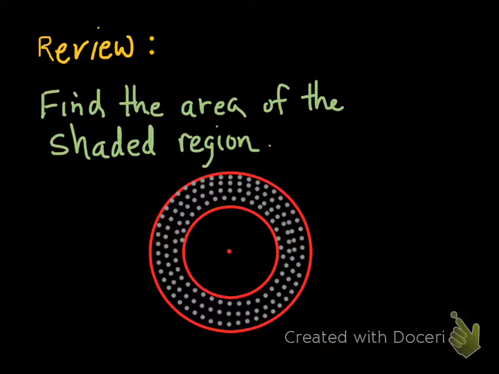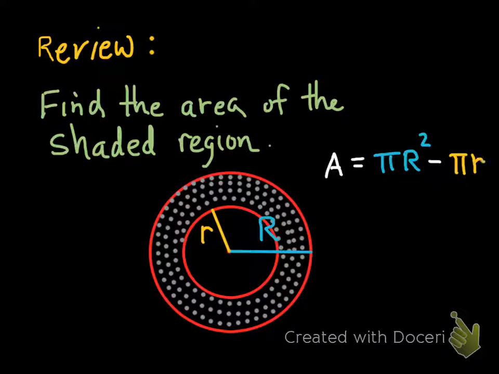So in order to do this, we've got to figure out the radius of first the larger circle, which we denote with a big R, and then the smaller circle, which we will denote with a little r.